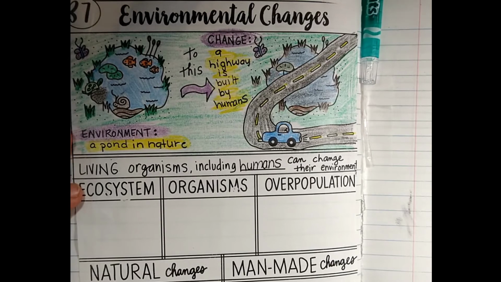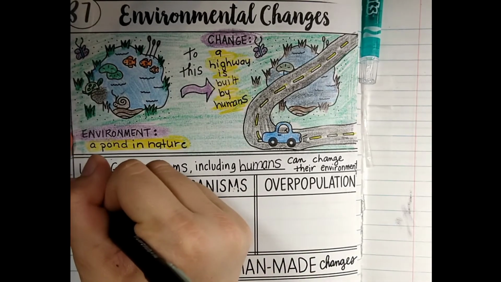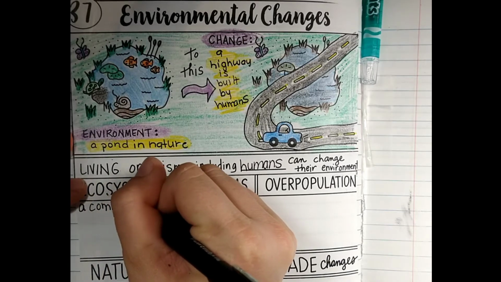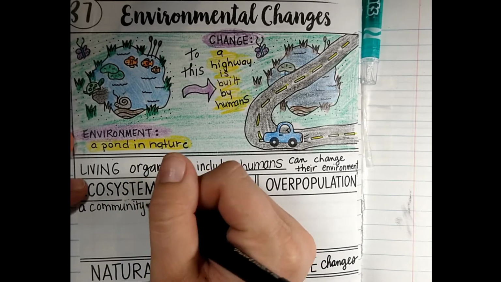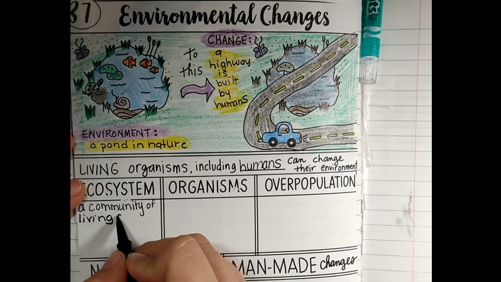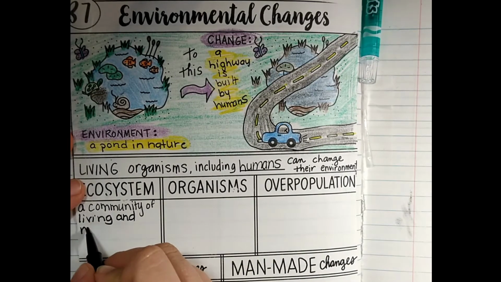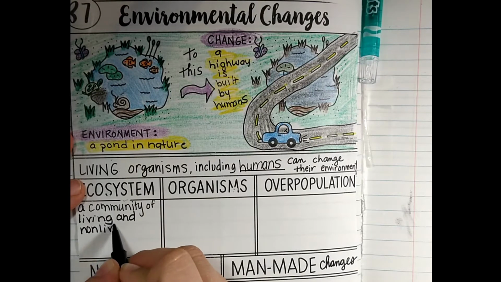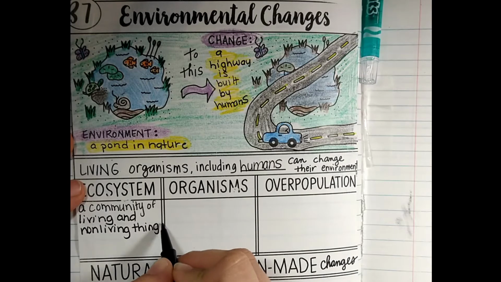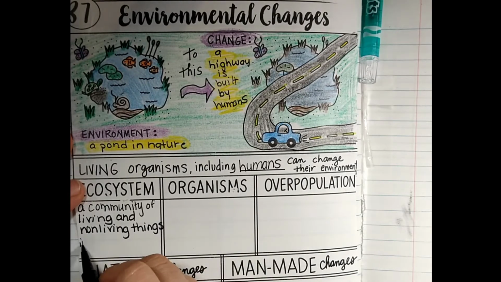So an ecosystem is a community of living things and non-living things in their natural environment, and they live together.